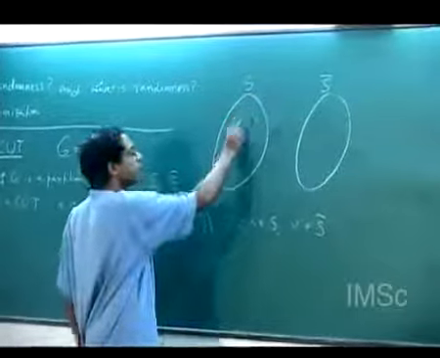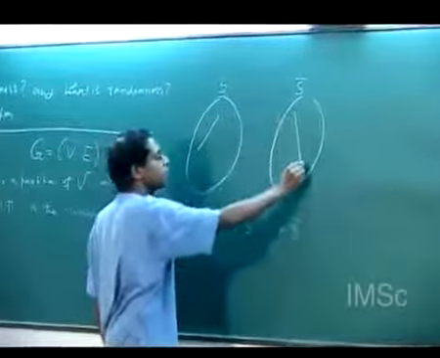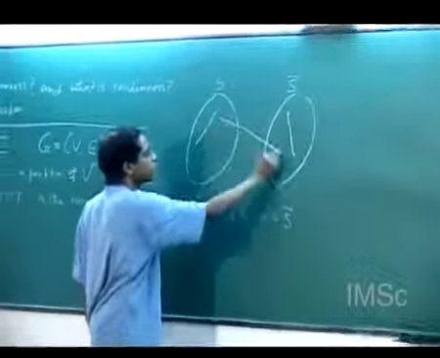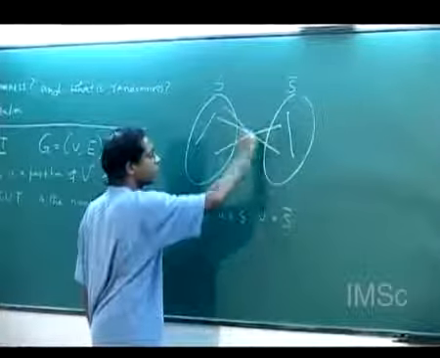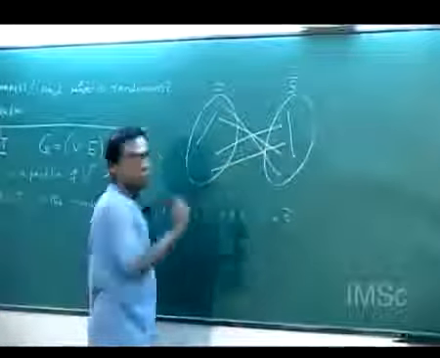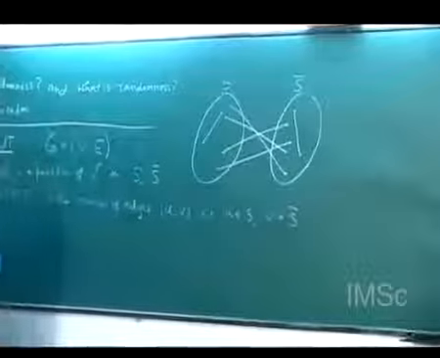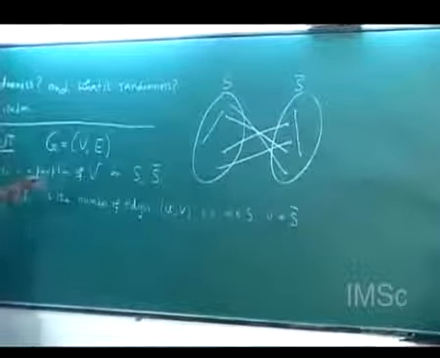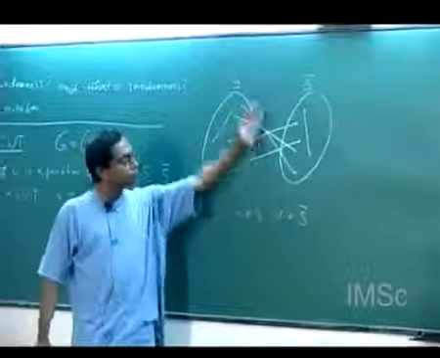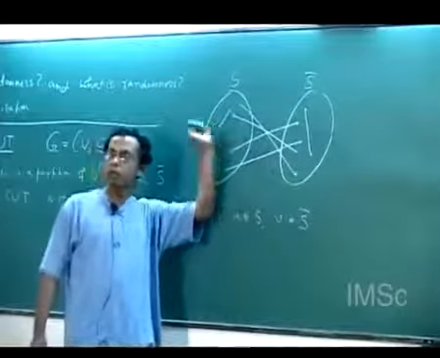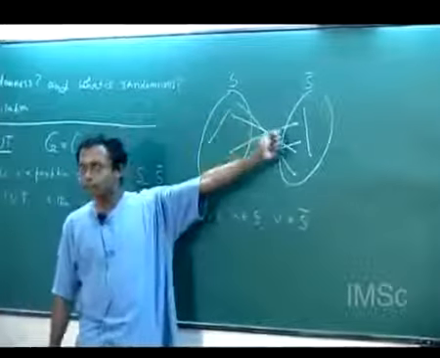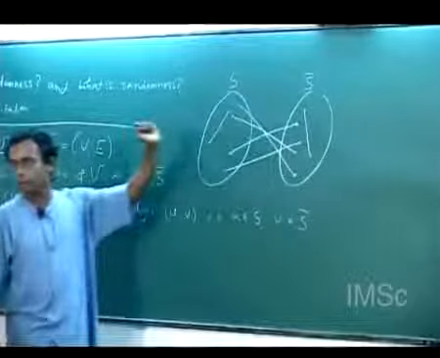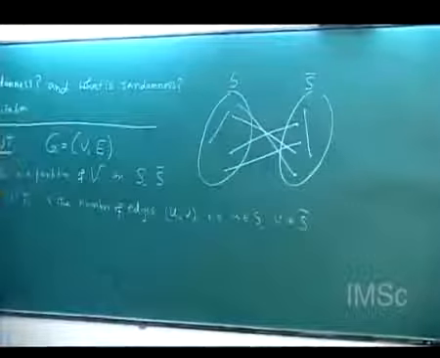There could be edges like that, and there can be edges like that. Right? The size of the cut is the number of edges where one vertex is in S and the other vertex is in S complement. The definition of cut clear?